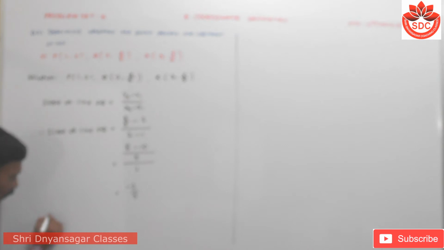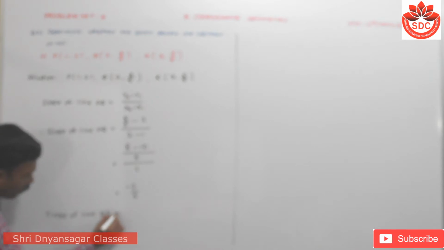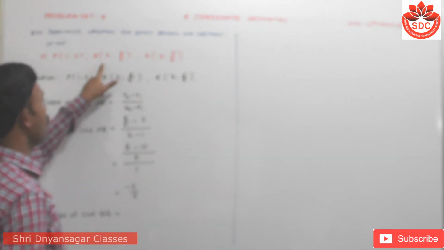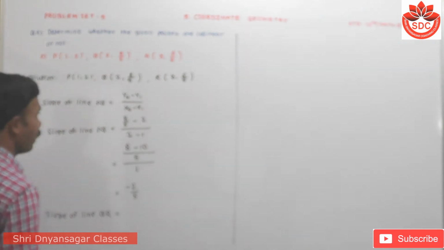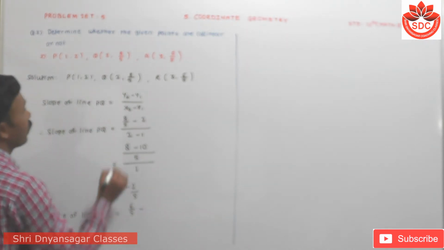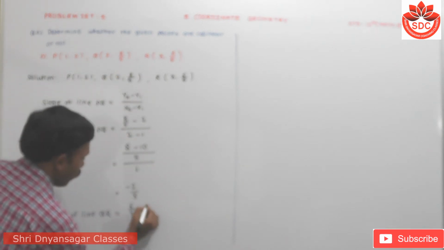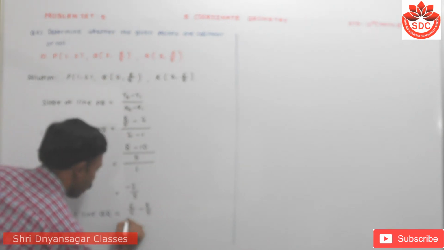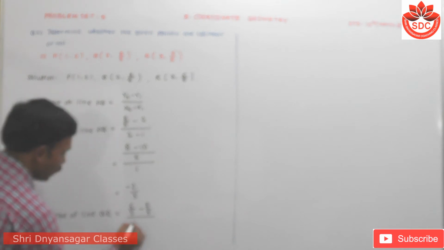Then student, we have to find out the slope of line QR, with x1, y1, x2, y2. At that time y2 is 6 upon 5 minus y1 which is 8 upon 5. We directly write upon this 3 minus 2.